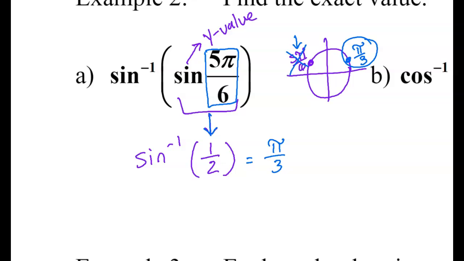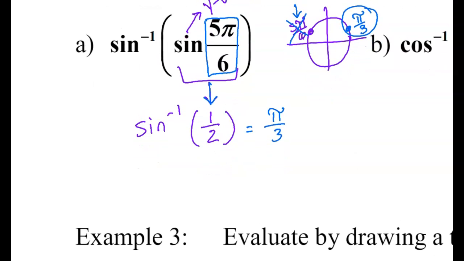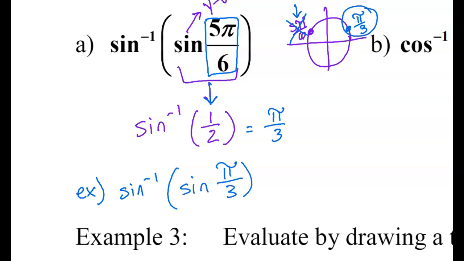Does that make sense? So if I instead, as an example, had inverse sine of pi over 3, because pi over 3 is in your restricted domain, your answer is just pi over 3.